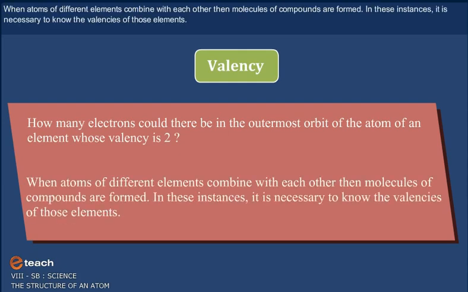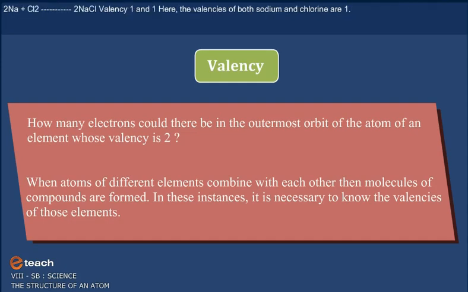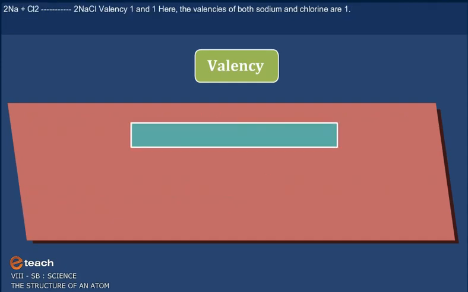When atoms of different elements combine with each other, then molecules of compounds are formed. In these instances, it is necessary to know the valencies of those elements. Study the following examples. 2Na plus Cl2 gives us 2NaCl.